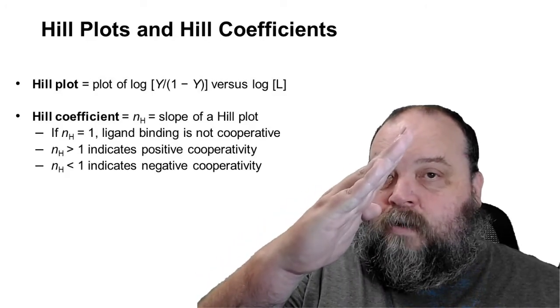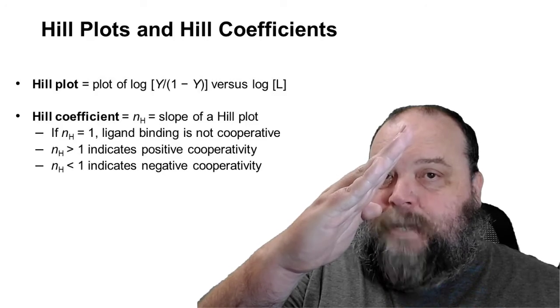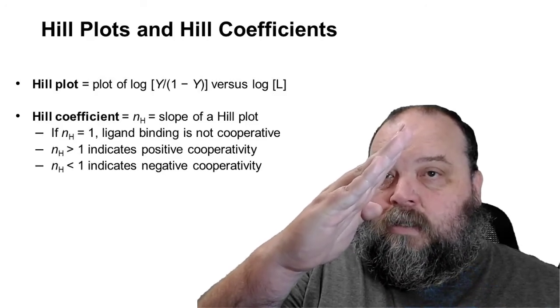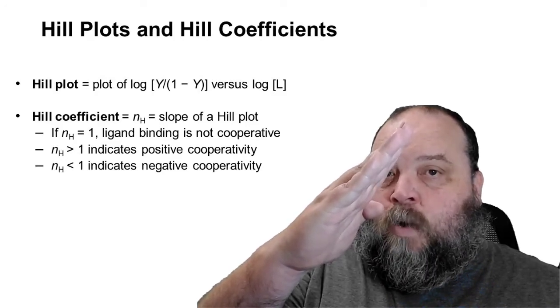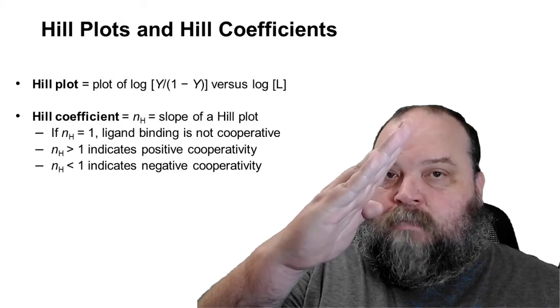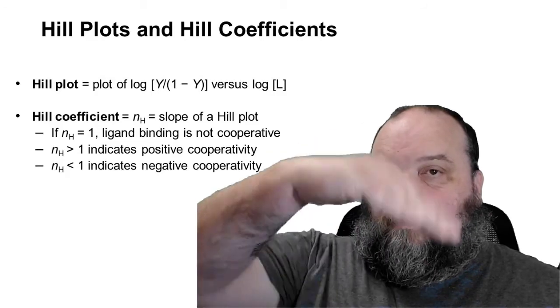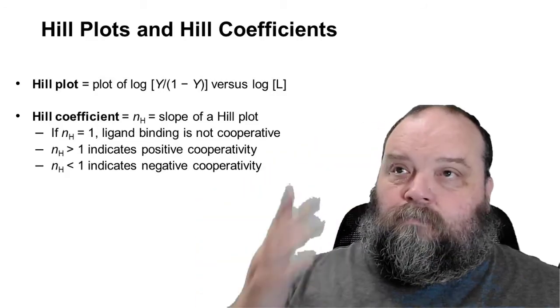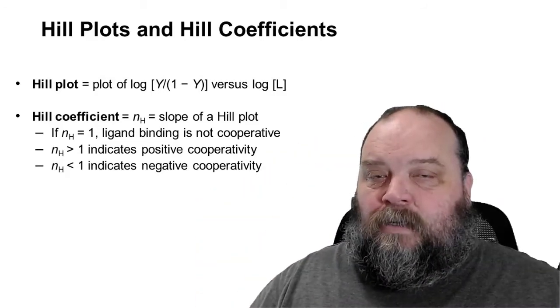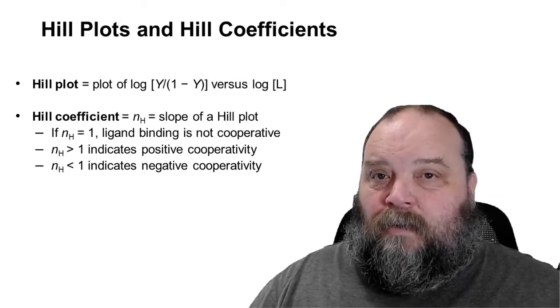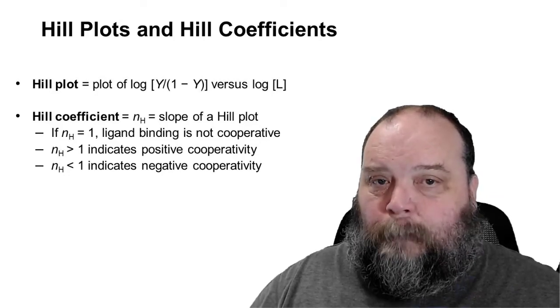Greater than 1 means a positive slope. Yes. The different subunits, the different parts are cooperating with each other. Remember the different parts, the different binding sites. Negative slope means there's negative cooperativity. They're actually working against each other.